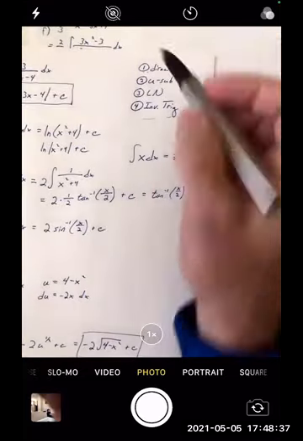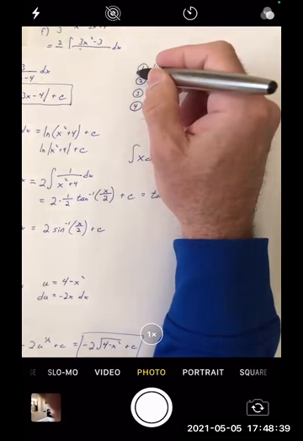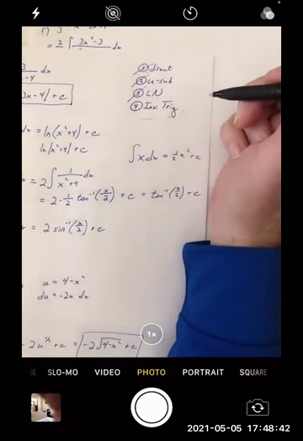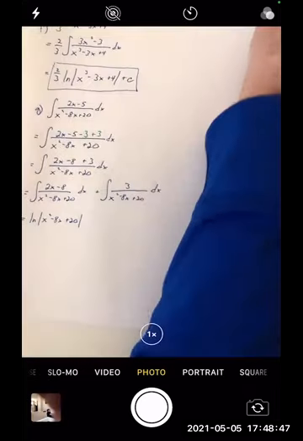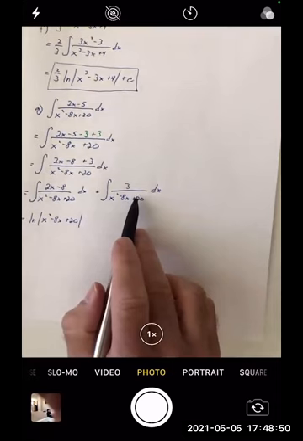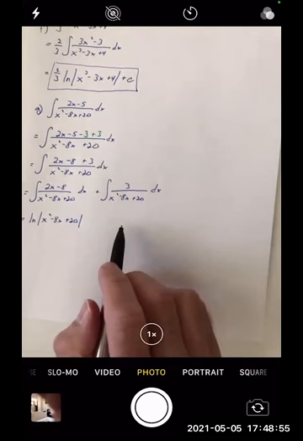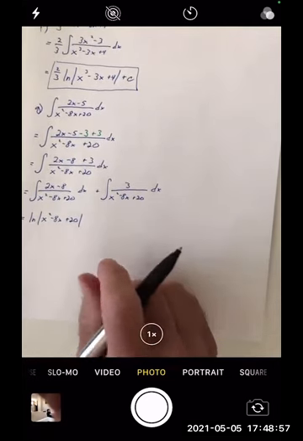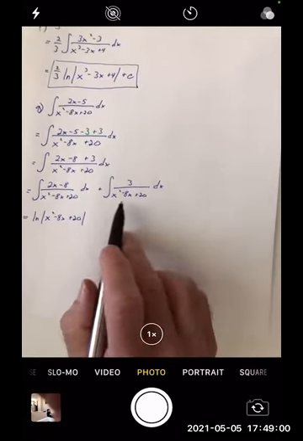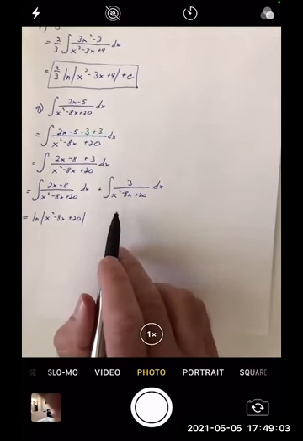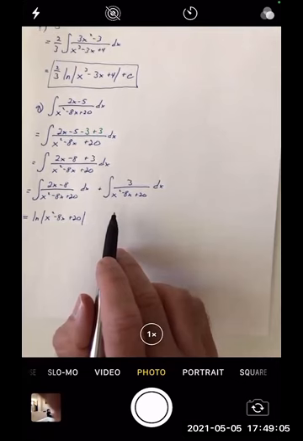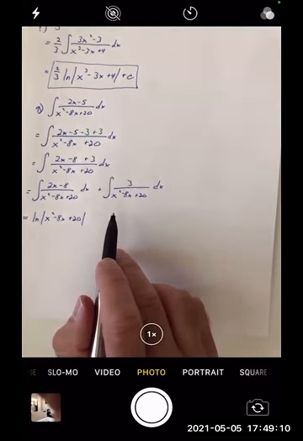So if we look back at our little list of options, it wasn't this, it wasn't this, it wasn't this. So it has to be inverse trig. So which inverse trig function do you think it's most likely going to go into? Inverse tangent, sine, or secant? Tangent, maybe? Yeah. And what kind of leads you to that? If we complete the square, it'll be plus 20 at the end, right? Yeah, but you can complete the square in other problems where it would lead you to inverse sine.